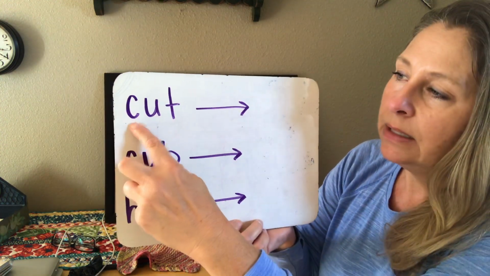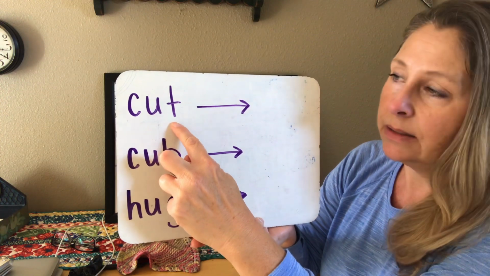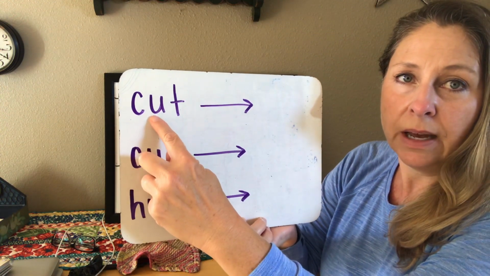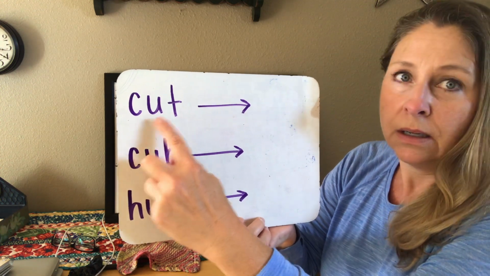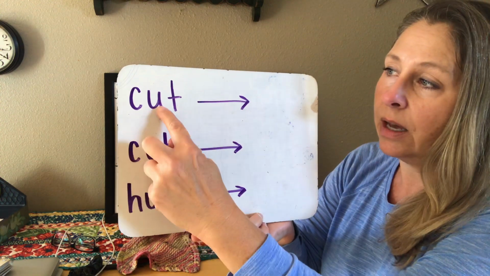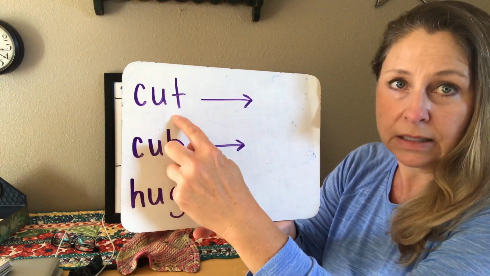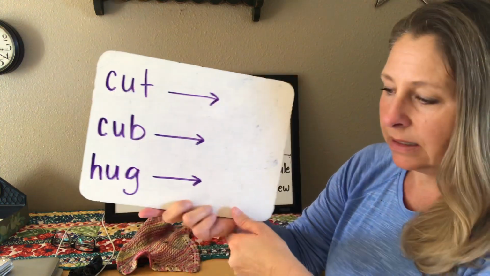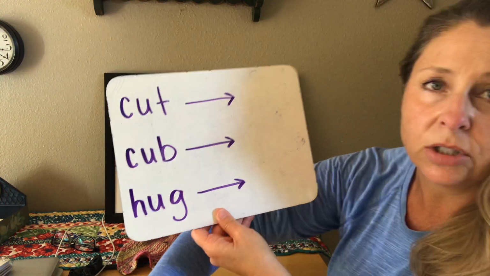So we have C-U-T, and C says k, U says uh, T says t, k, t, k, t, cut, okay?